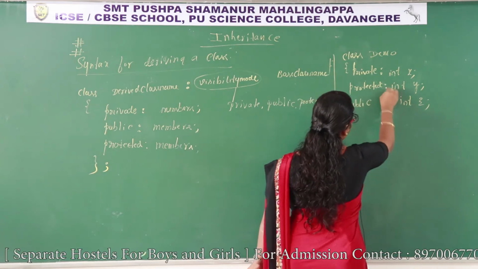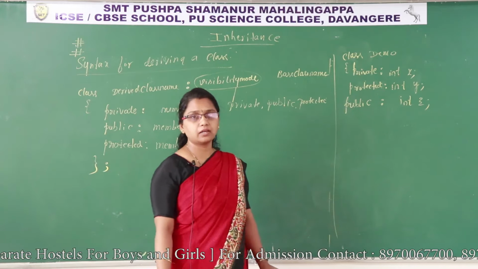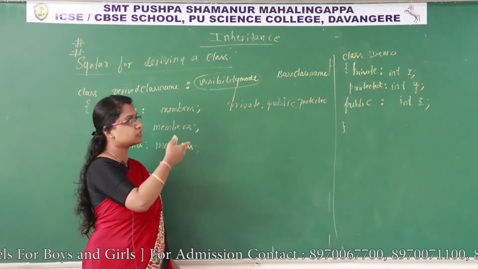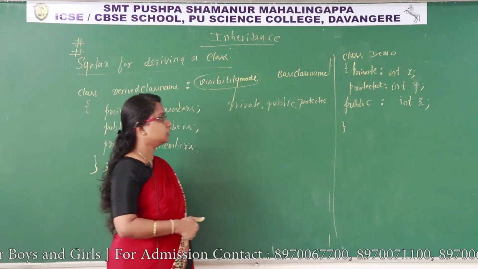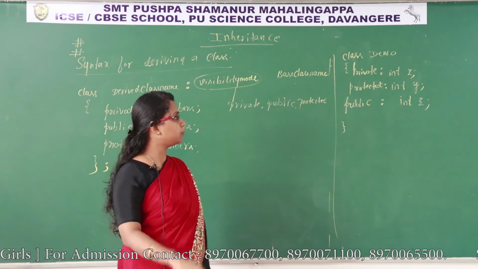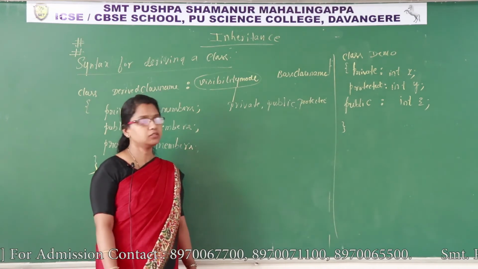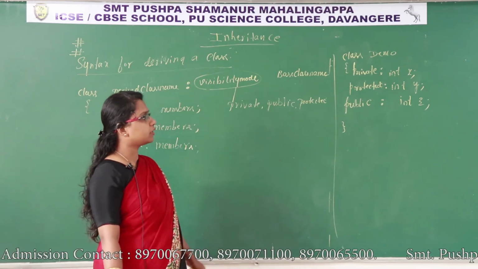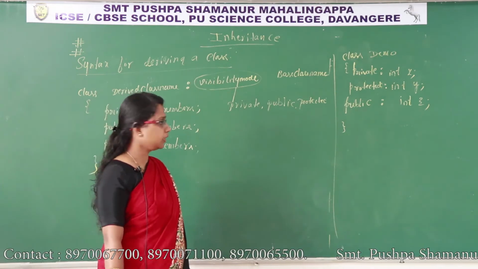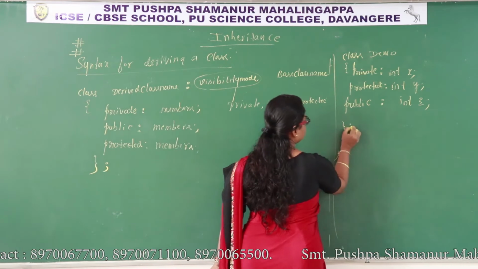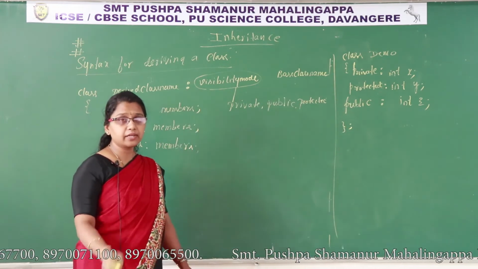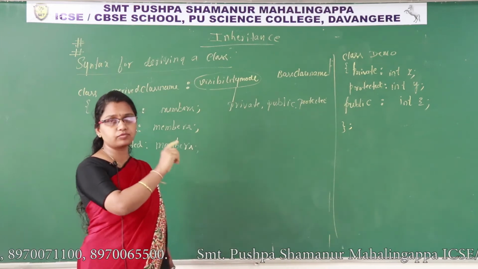As I said before, every class has three access specifiers, and in this example I am considering all three. In the private section there is int x, in the protected section there is y, and in the public section there is z. Semicolon.